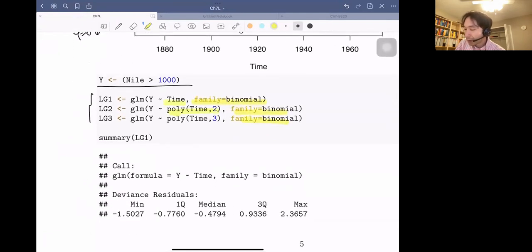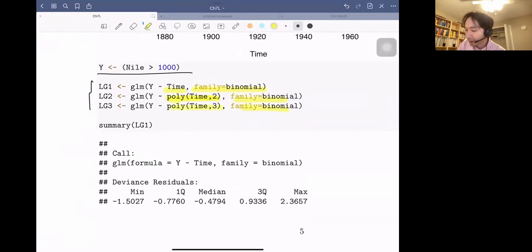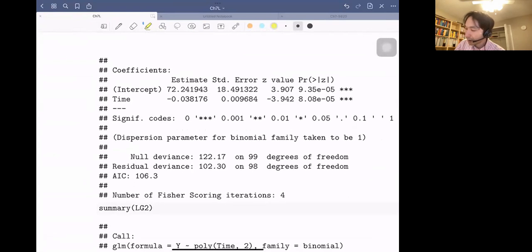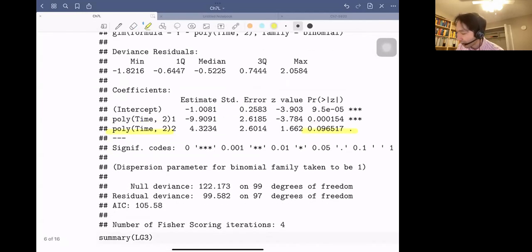And we fit the degree 2 polynomial of time and the degree 3 polynomial of time. At first, the linear term is statistically significant. And the second term is marginally significant or marginally insignificant, with a p-value between 0.05 and 0.1.